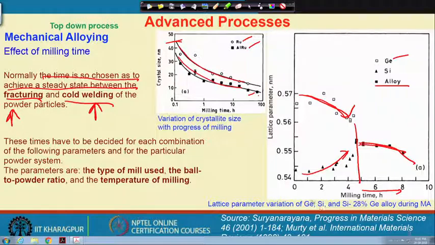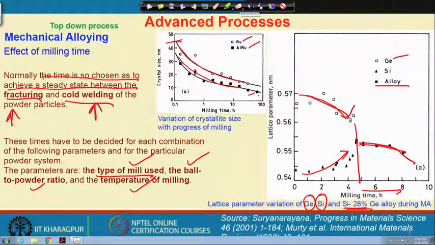So, this is from germanium and silicon, we are producing, let us say, silicon germanium during mechanical alloying. So, the parameters here are the type of the mill that we use, the ball to powder ratio and the temperature of milling. This could also be varied.